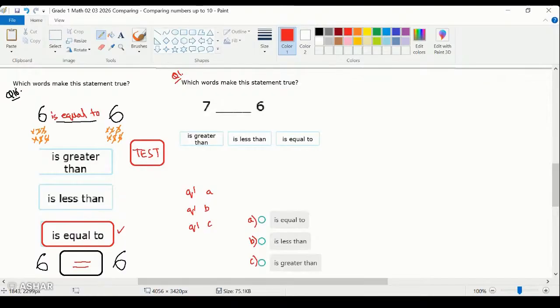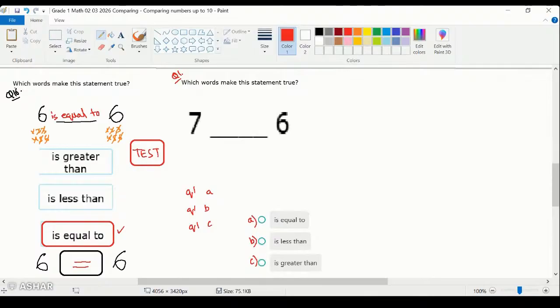Okay, let's not look at these options. Let's look at the options A, B, and C. This is part of the question, right? If we are asked to compare 7 and 6, 7 is... perfect.